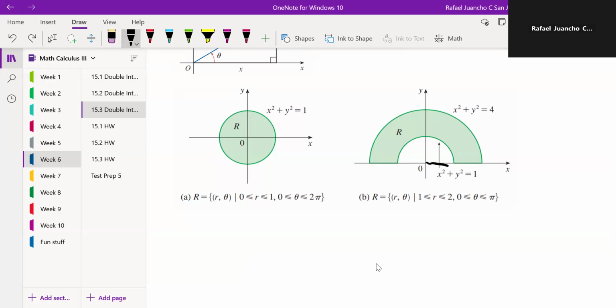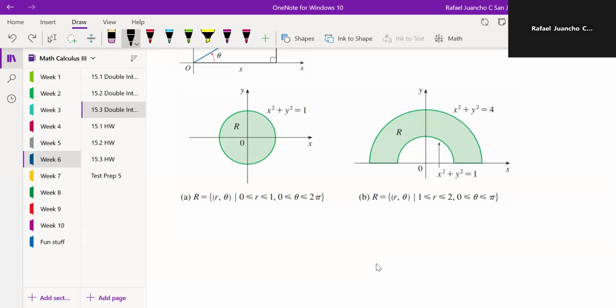This has a radius of 1, and this has a radius of 2. Whoops, my bad, I almost said 4, since 2 squared is 4. And so my radius is somewhere in between those two values, which is one of the conditions when I'm setting up my region.